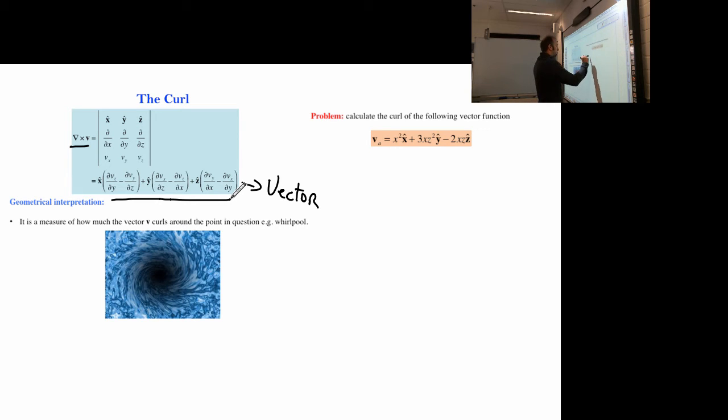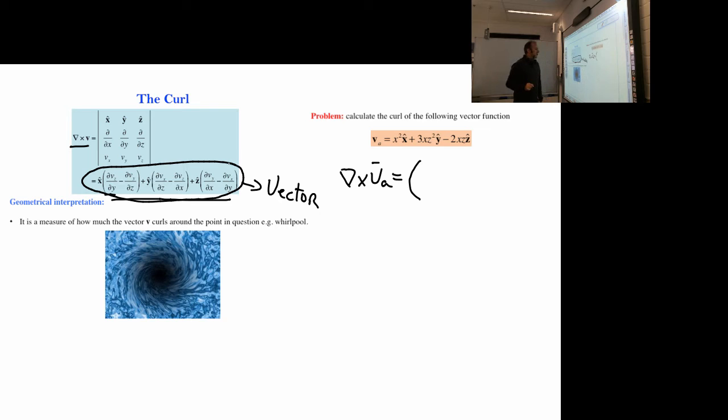So we have the curl of a vector function is going to be equal to, so we're going to do this one first of all. We take our Vz component and take the partial derivative with respect to y, and then we're going to work through this formula to determine what the curl is.